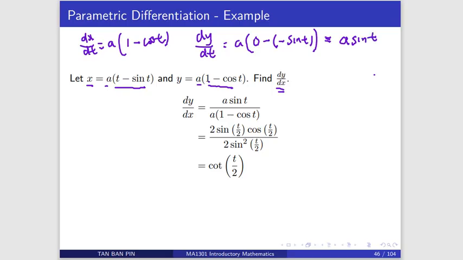So you take dy/dt divided by dx/dt. dy/dt is a sine t, so the numerator is a sine t, and the denominator is a(1 − cosine t).